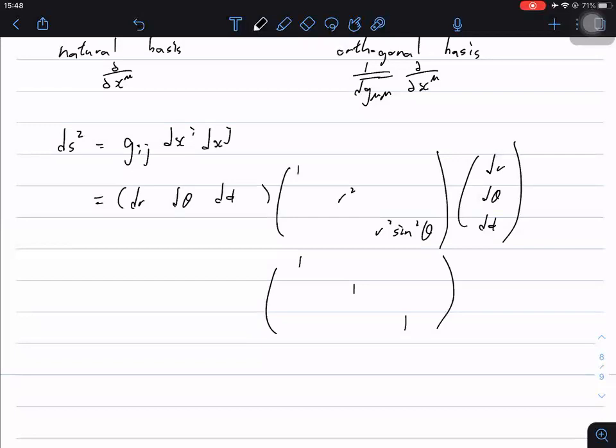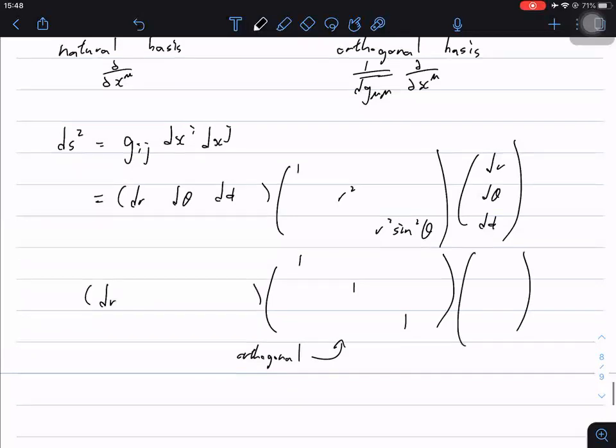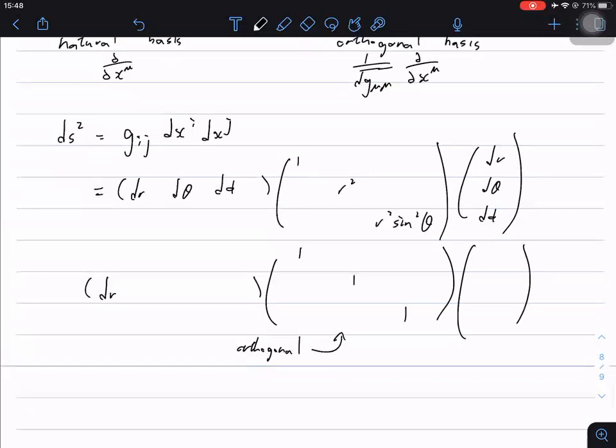So if we want to fix all the basis vectors to be 1 in orthogonal basis, what we have to do is change the terms here. So instead of dr d theta d phi, we have dr, r d theta, r sine theta d phi. And same for this one.